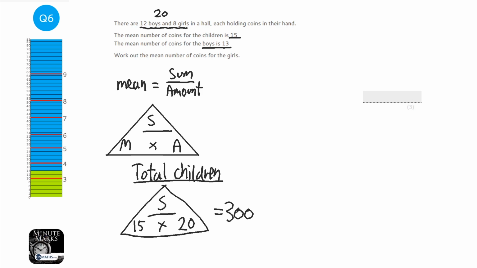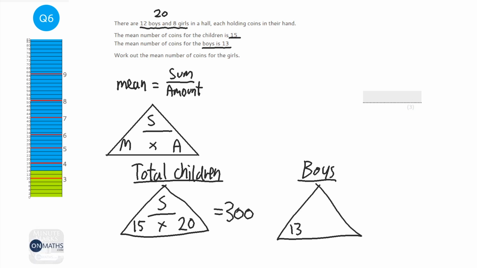Okay, so now next we're given the boys, so let's work out how many coins the boys have. So same triangle, we know the mean for the boys is 13, and we know that there are 12 boys.